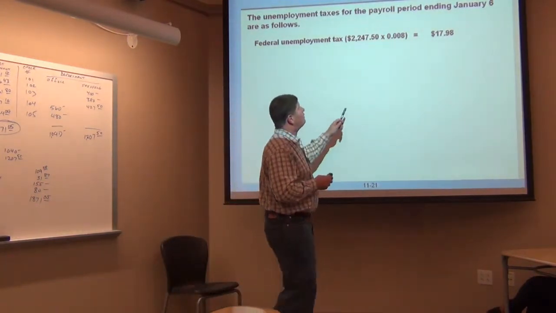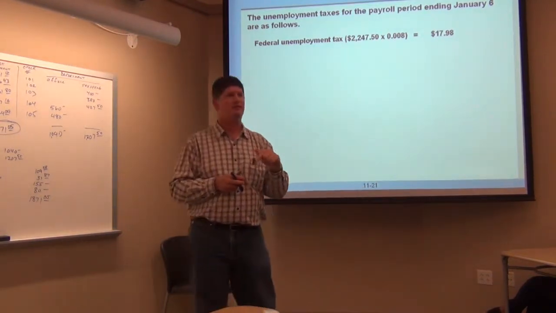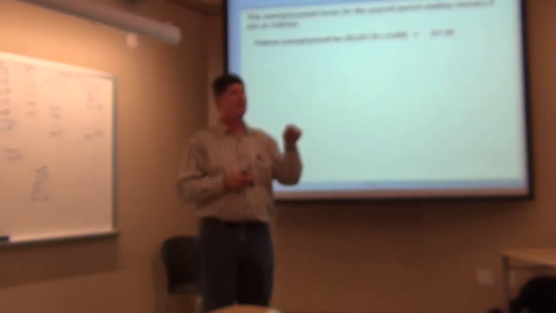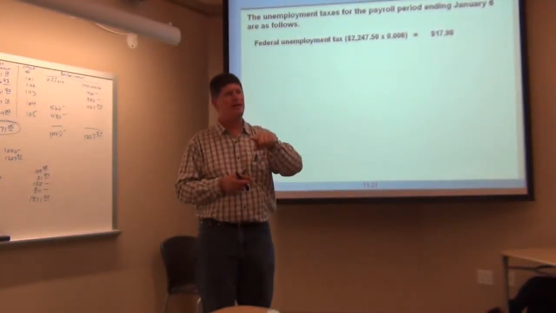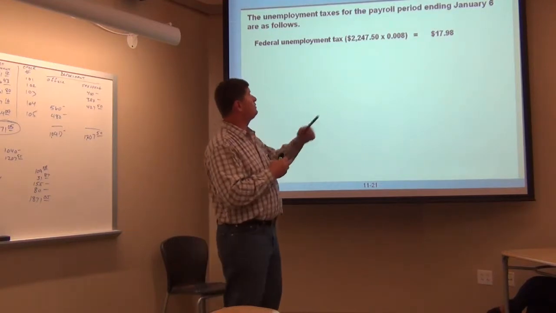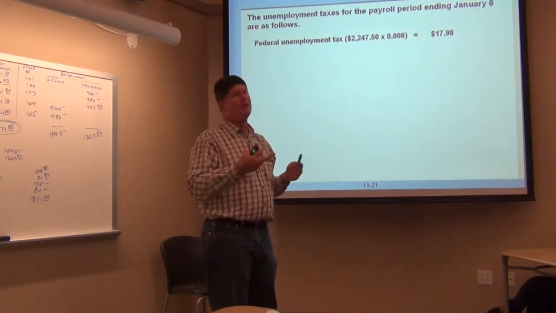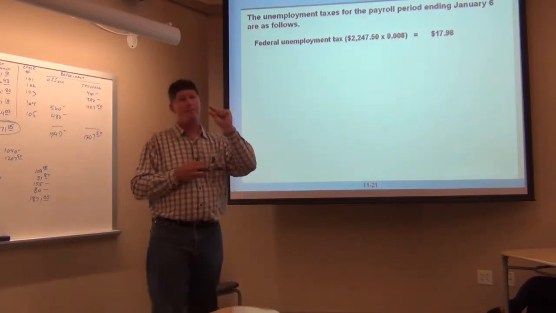The federal unemployment tax rate is 0.8%, not 8%, not 0.008, 0.8%, which is 0.008 in decimals, like it shows up here. Okay? So make sure you use the right amount. It seems like a small number.